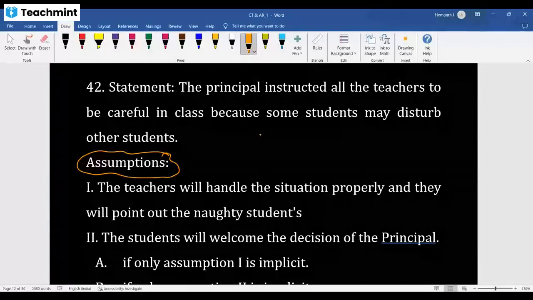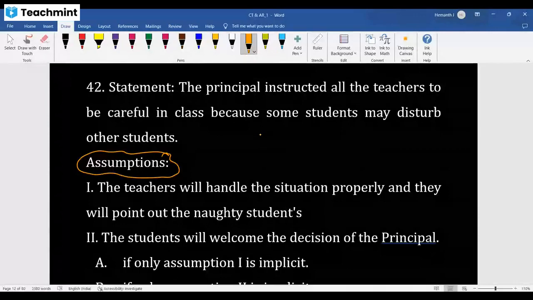The manager instructed the clerk to put a notice on the notice board that all employees should come on time. That's the statement. Then assumption one: employees will come on time. The other assumption: nobody watches the notice board. Nobody watching the notice board is wrong. Then why did this person put up the notice? See, this is what positively, the principal is not a fool.